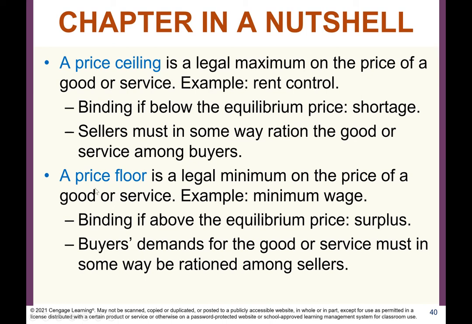A price floor is a legal minimum on the price of a good or service. An example is minimum wage. It is binding if it is above the equilibrium price and must result in a surplus. Buyers' demands for the good or service must in some way be rationed among sellers.